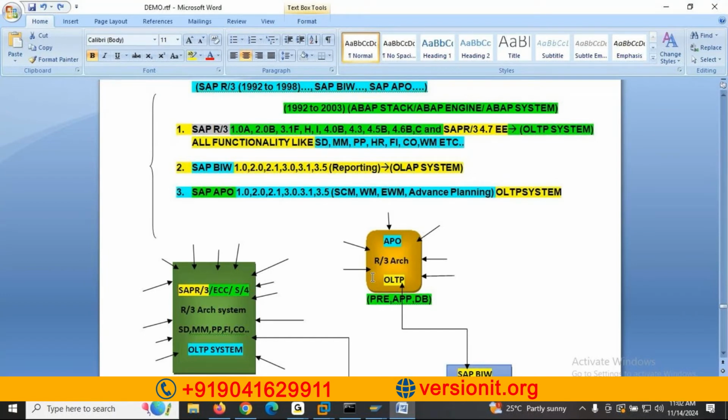Number one, SAP R3. The system name is based on the architecture, guys. SAP R3 with various releases.